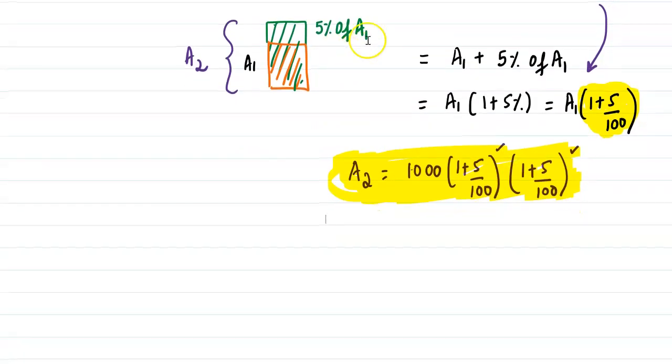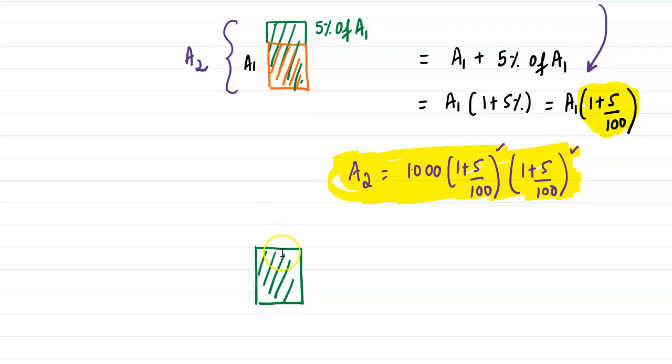In the third year, this green bar is our money at the end of the second year. Now, this is A2 and it is going to increase by 5%. We are now matured enough to see that it's going to grow by a factor of 1 plus 5 by 100.